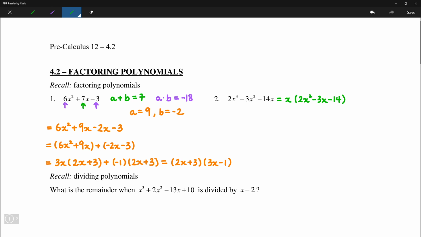All right. So one way to factor faster is to consider this crisscross method. We have 2 and 1, which are the factors of 2. And we have also the factors of -14 are 1 and -14, -1 and 14, -7 and 2, and then 7 and -2.